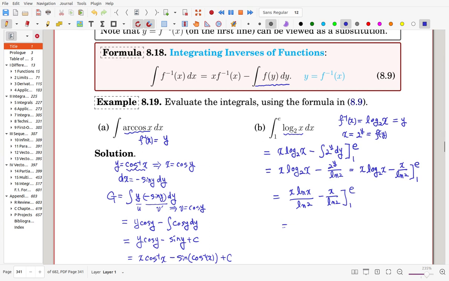Now once it's e, then 1, so e over logarithm 2, and for 1, it's 0. For the second term, there's e minus 1 divided by logarithm 2, so that the final answer must be 1 over logarithm 2. Okay, that's the final answer.